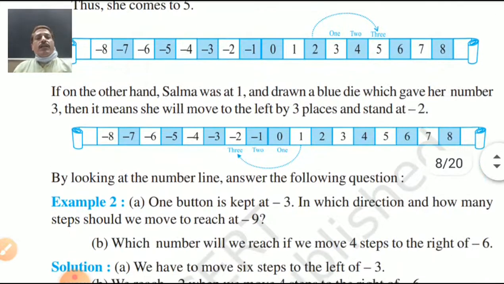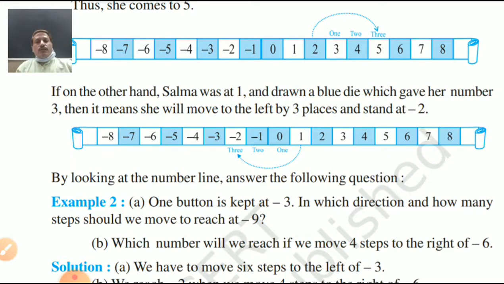By looking at the number line, answer the following questions. Question 1 is here. A button is kept at -3. In which direction and how many steps should we move to reach -9? B. Which number will we reach if we move 4 steps to the right of -6? We have to first answer -3 to -9.